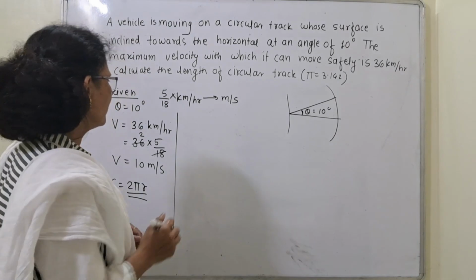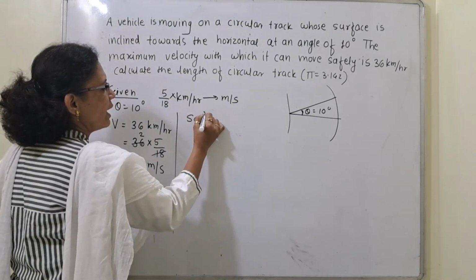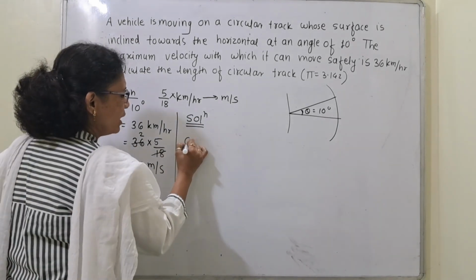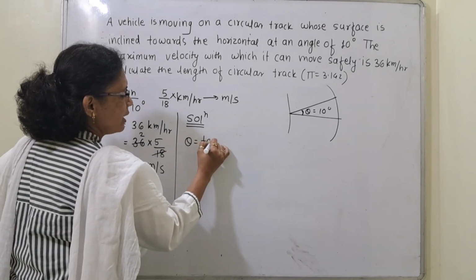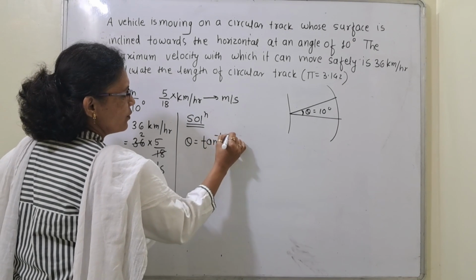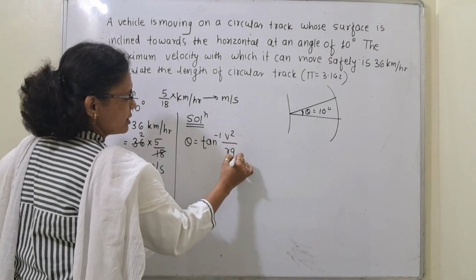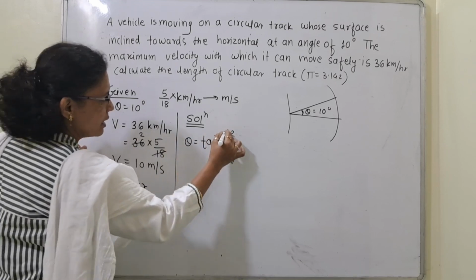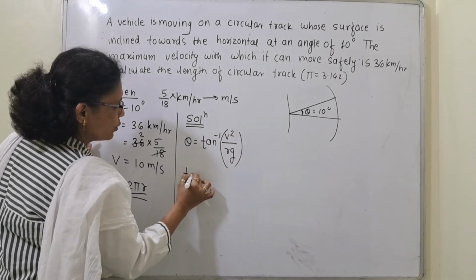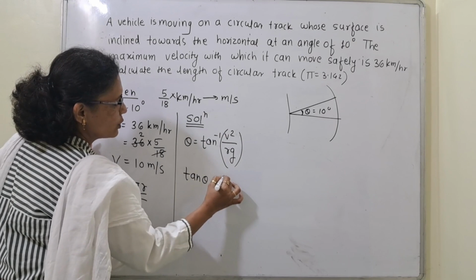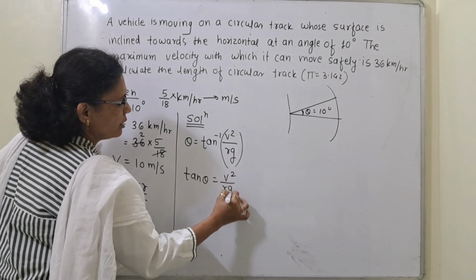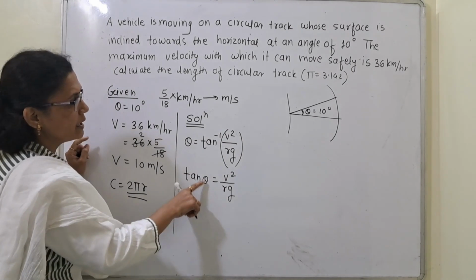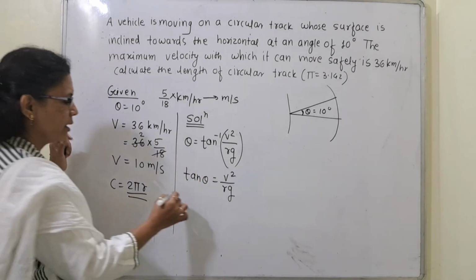To find that, we will use the formula for the angle of banking. Angle of banking, what is the formula? Theta is equal to tan inverse of v square upon rg. But we know the value of theta, therefore we take the tan inverse to the other side. So tan theta is equal to v square upon rg. Now, what is the value of theta? It is 10 degrees.